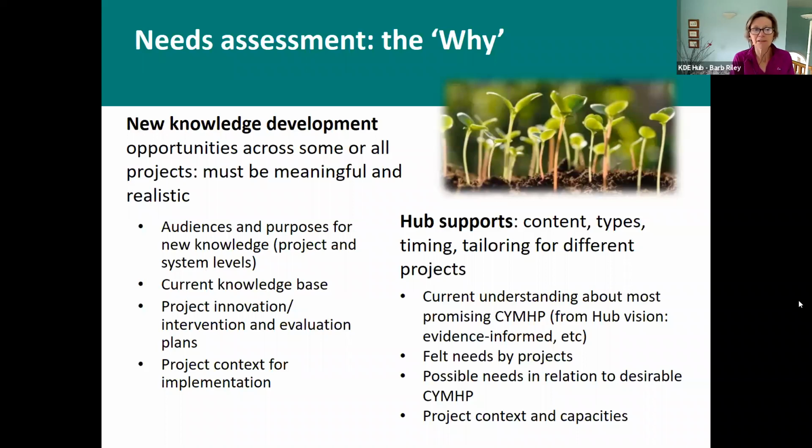And in addition, similar to what you saw for new knowledge development, project context and capacity. We're not ignoring that at all, and there's lots we still need to learn about what that means today and tomorrow because of what's unfolding with the pandemic. So that's the why and just the real grounding on our approach to the needs assessment.